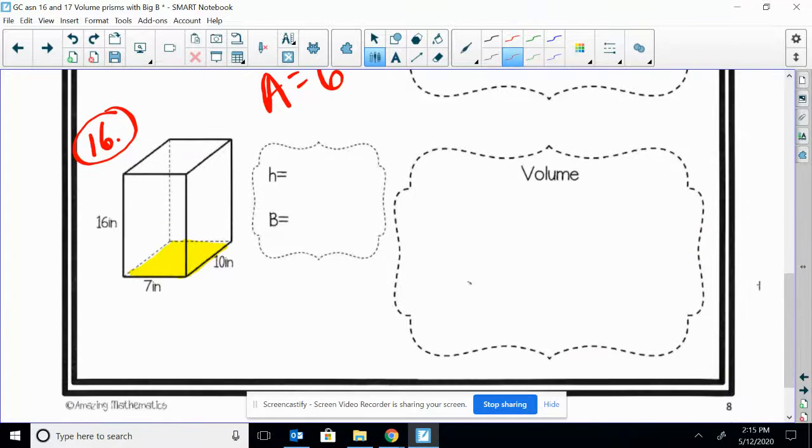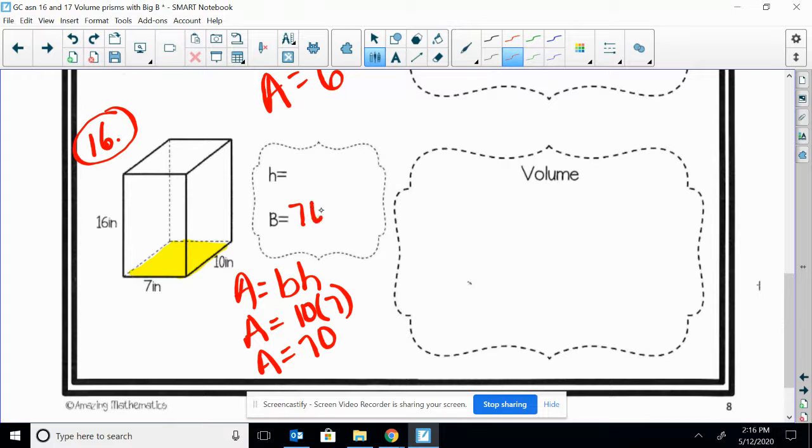Okay, 16. Now we just have a rectangular prism. So we have a rectangular base, and we know the area of a rectangular base is base times height or length times width, and that's going to be 10 times 7. Our big B is 70 square inches.